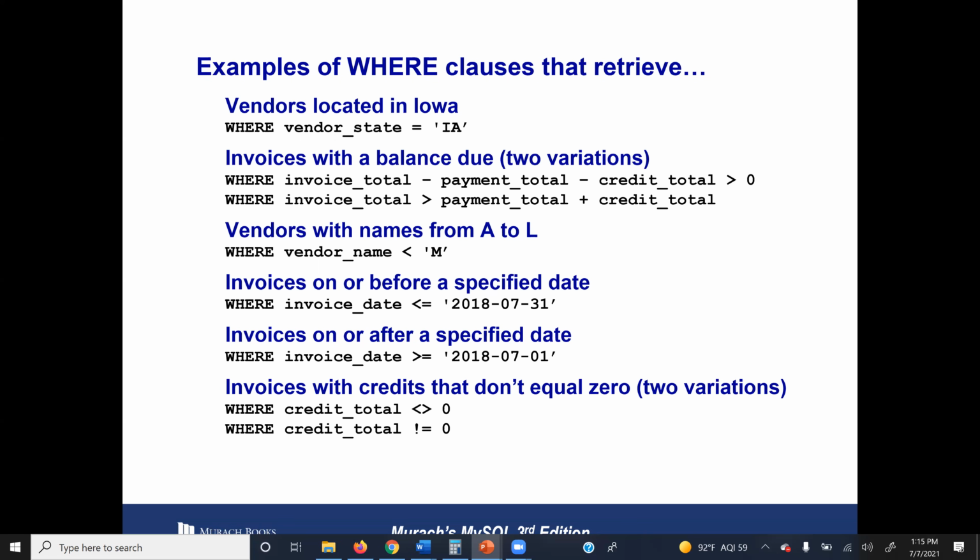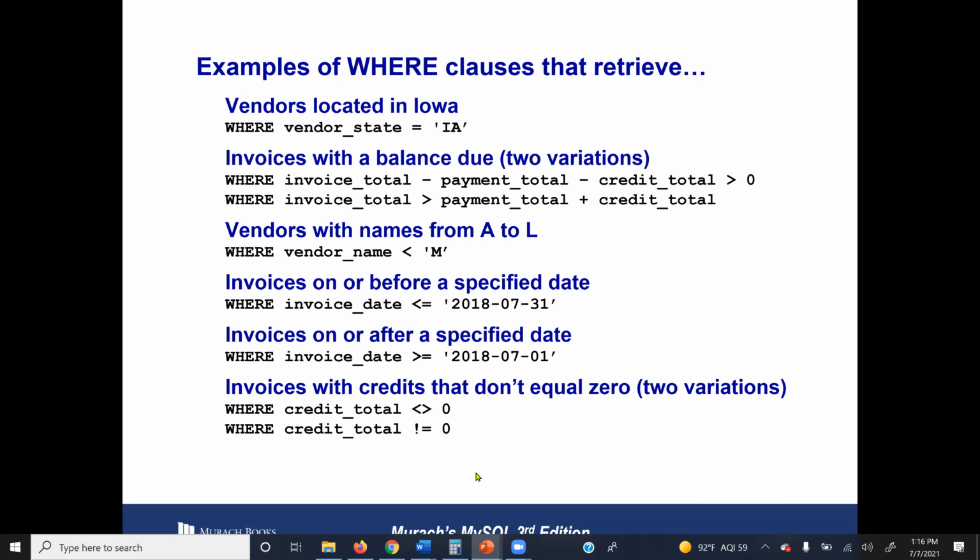And we may have, again, invoices with credit that don't equal 0. The two statements here are the same. In many programs, for example in a Visual Basic program, not equal is written with the less than and greater than signs together, with no space between them.